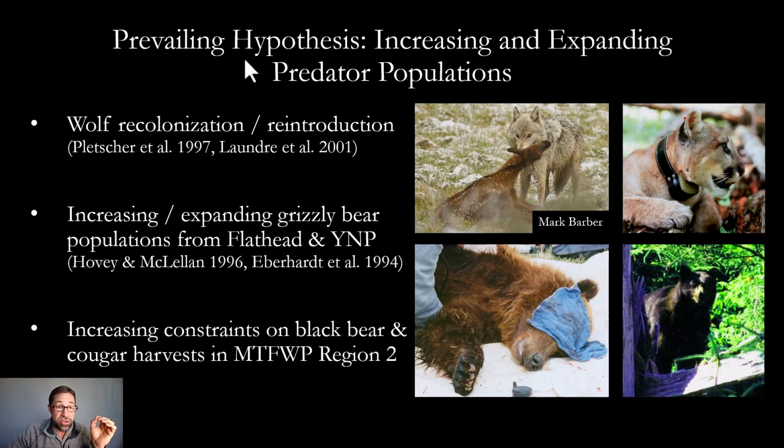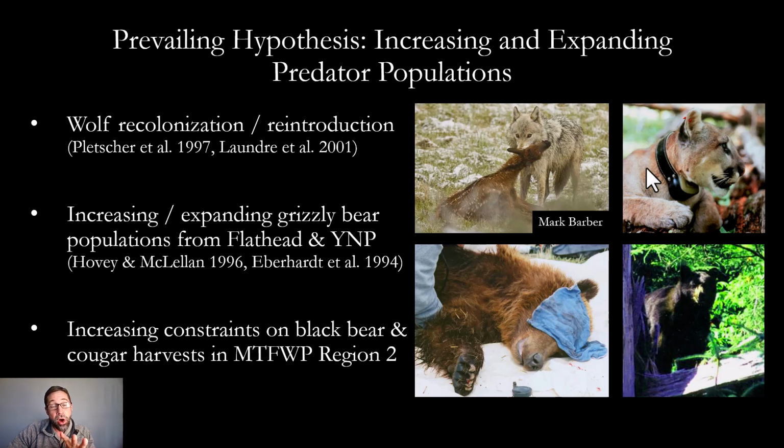And as I've mentioned, my advisor, Dr. Dan Pletcher, and his students had already documented that wolves had recolonized the area. We knew that mountain lion harvests were suppressed because Montana Fish, Wildlife, and Parks had restricted lion harvest.